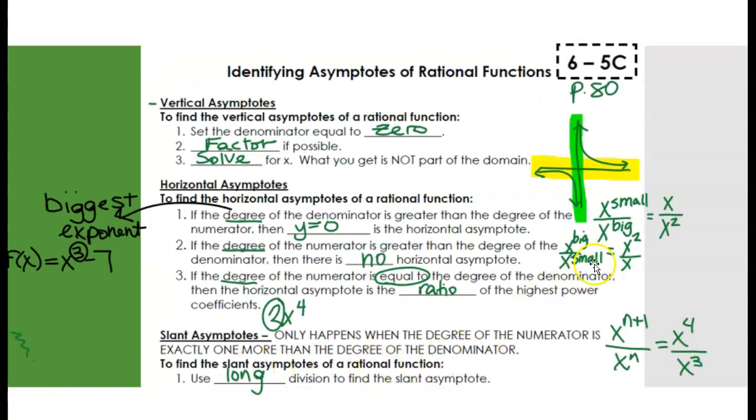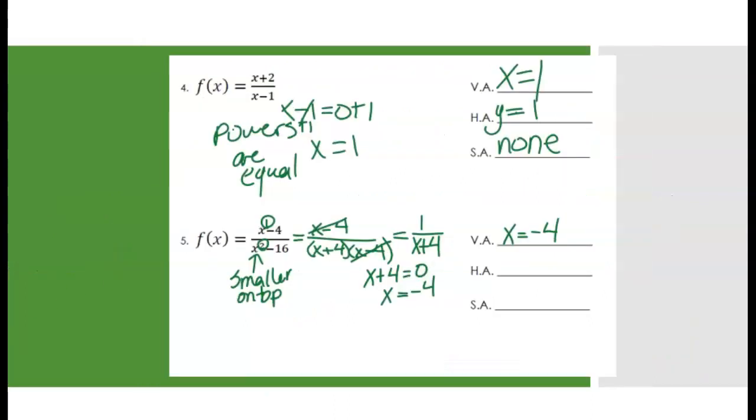If it's smaller on the top, bigger on the bottom, that means that y equals 0 is the horizontal asymptote. So I'm going to go back and put y equals 0. Is there a slant asymptote? There's not, because the numerator degree is not bigger than the denominator degree. So there is none.